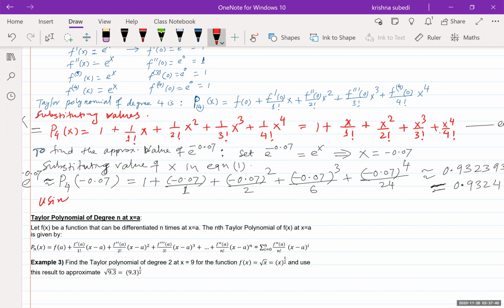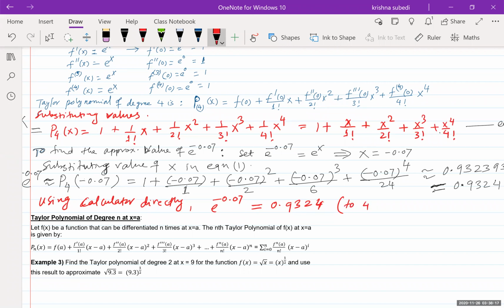So using calculator directly, e to the negative 0.07. And please help me. What is your calculator giving you here? Okay, let me use my calculator. My calculator is giving me 0.9324. When I round it up to 4 decimal places, that's what I got.